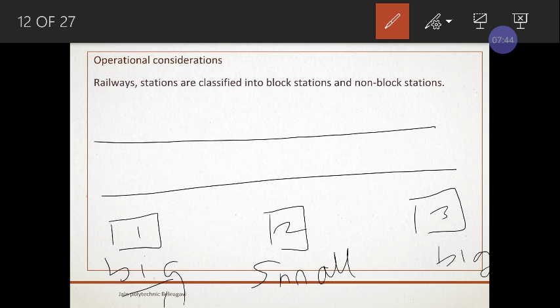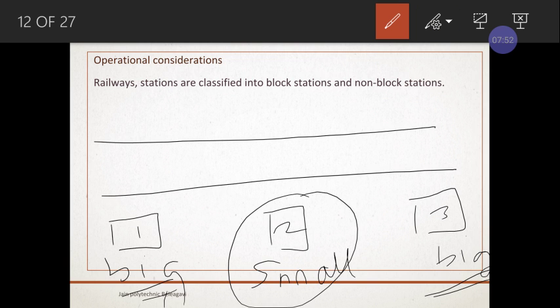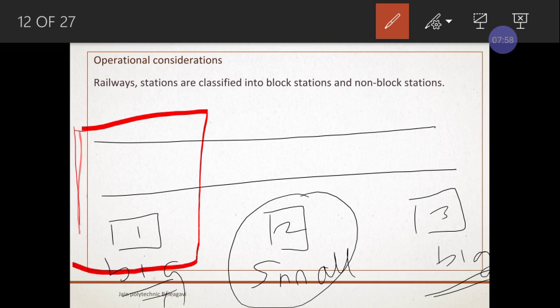The first one is big, the third one is also big, but the second one is the small station. So the blocks are between them, the block is here, right?